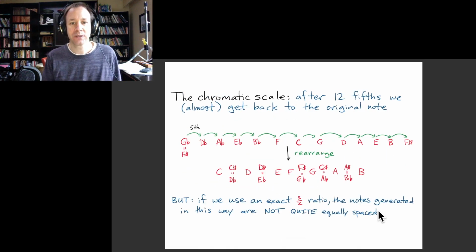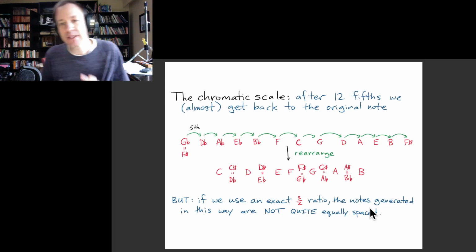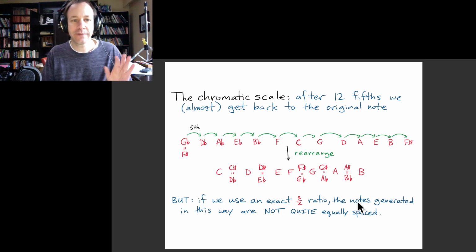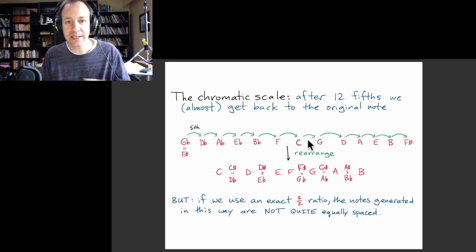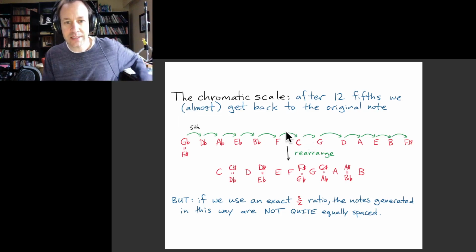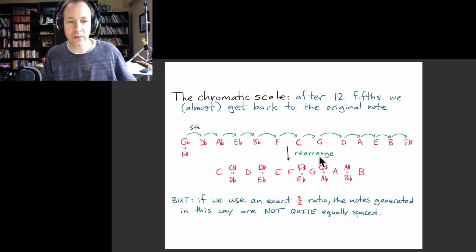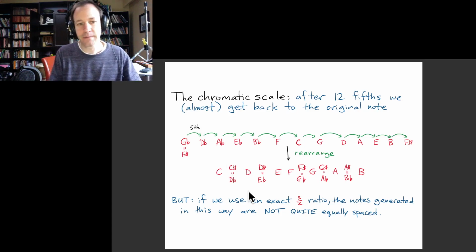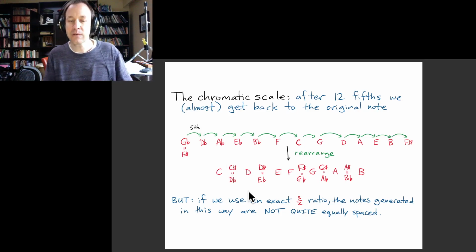Okay. In order to explain that, let me go back to this chromatic scale, where we defined it by starting from C and then going up or down musical fifths until we got a collection of 12 notes. If you rearrange all of those, you get a set of notes that fit in an octave, and they're almost equally spaced.